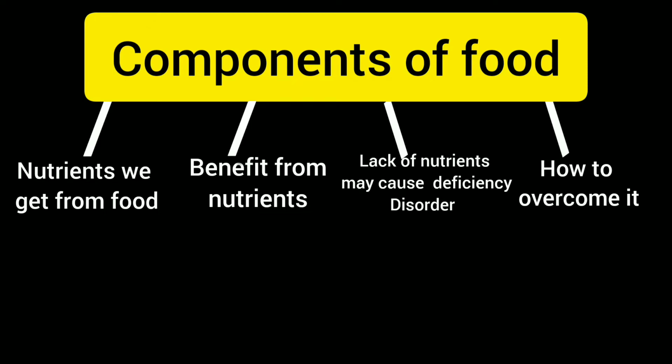Then we will learn that lack of nutrients may cause deficiency disorders. If these nutrients give us different benefits, then lack of them may cause different diseases to our body. After that, how to overcome it? We will learn the reasons for deficiency disorders and how to overcome them.